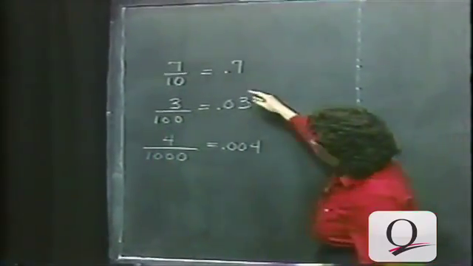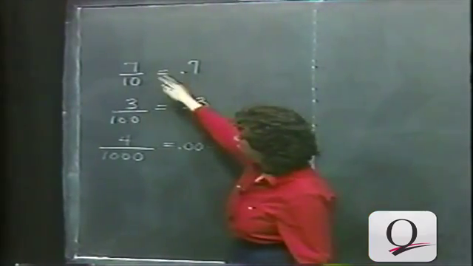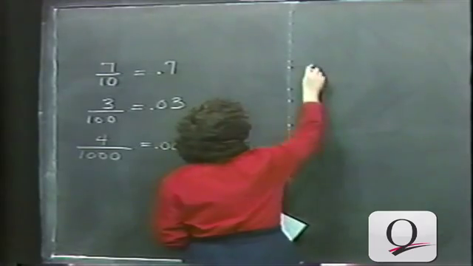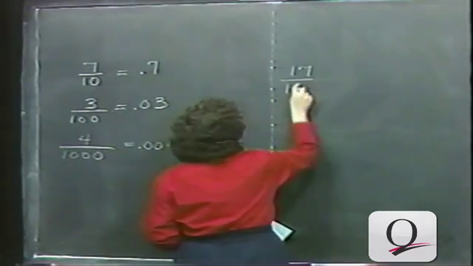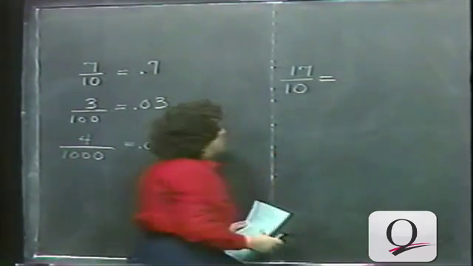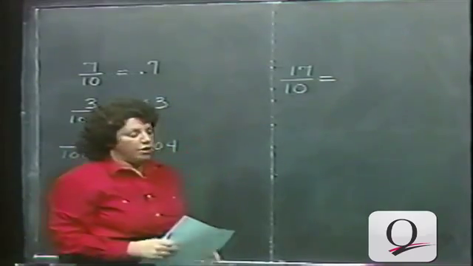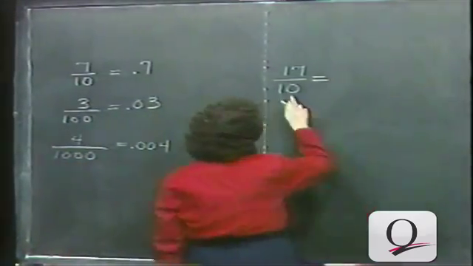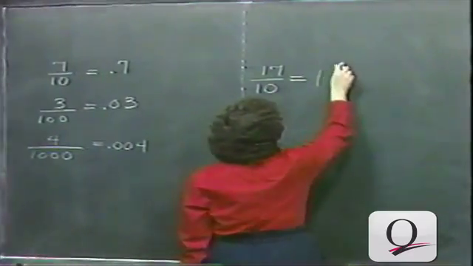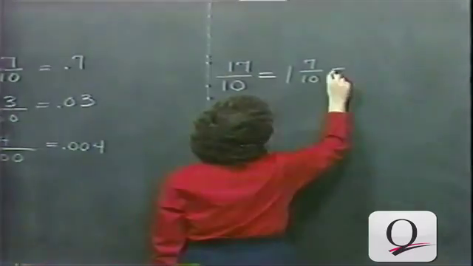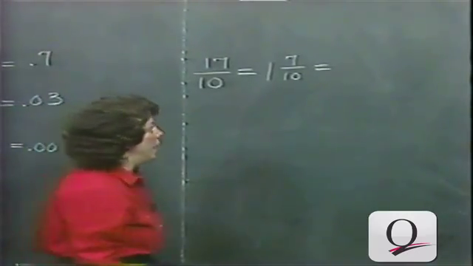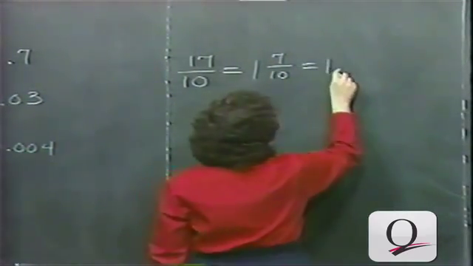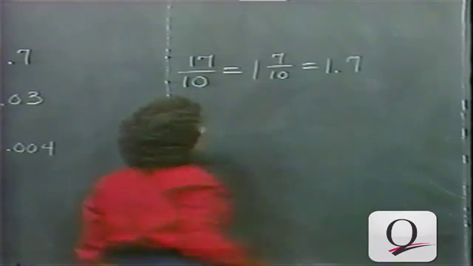Now, all of these fractions had numerators that were less than their denominator. If a decimal fraction has a numerator that's more than its denominator, we would first write it as a corresponding mixed number. 17/10 can be written as 1 and 7/10, and then that can be written as 1 plus 7/10, or 1.7.